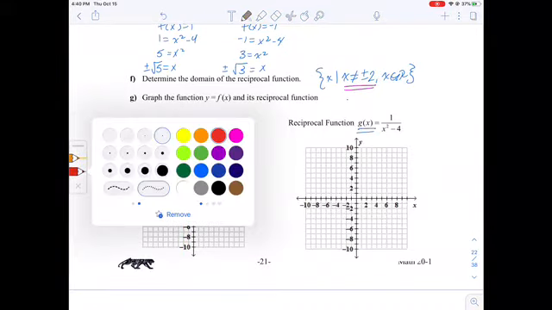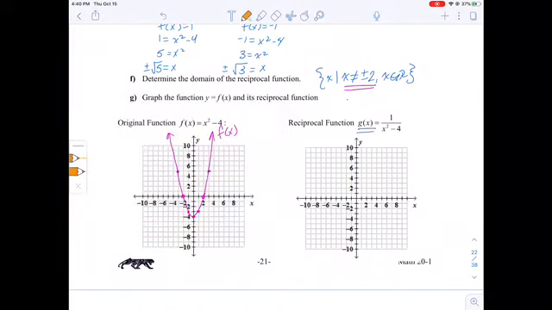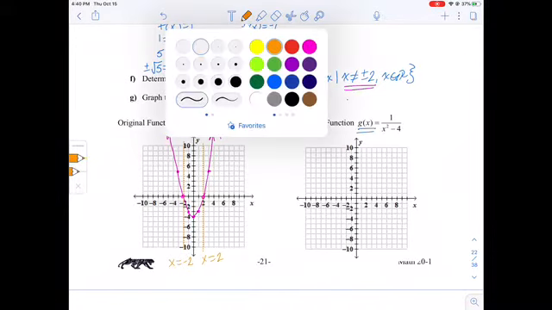Let's just do that in dotted lines here. My x-intercepts are, in fact, x equals 2 and x equals negative 2. Those are our x-intercepts, and those are also the equations of our asymptotes.